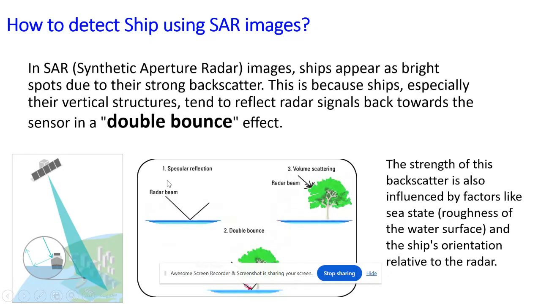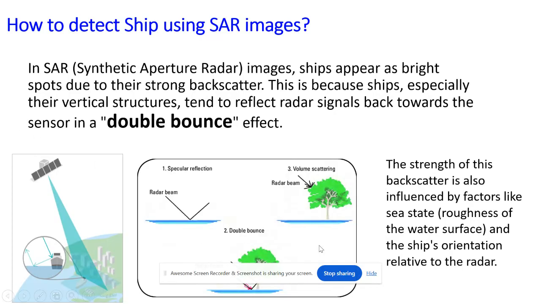sensor. This is for specular reflection, for example, on water or the sea. When the radar signal comes, it is reflected away, so the sensor can't capture the signal back, and the image will show dark.